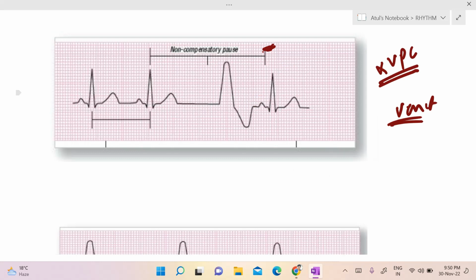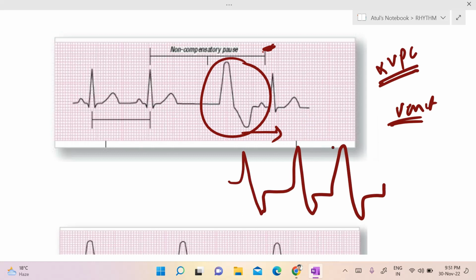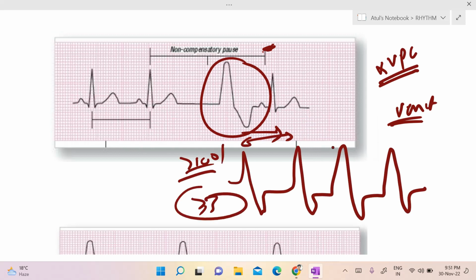If such escape beats come regularly like this at a rate of more than 100 beats per minute, three or more consecutive beats, it is known as ventricular tachycardia, VT.